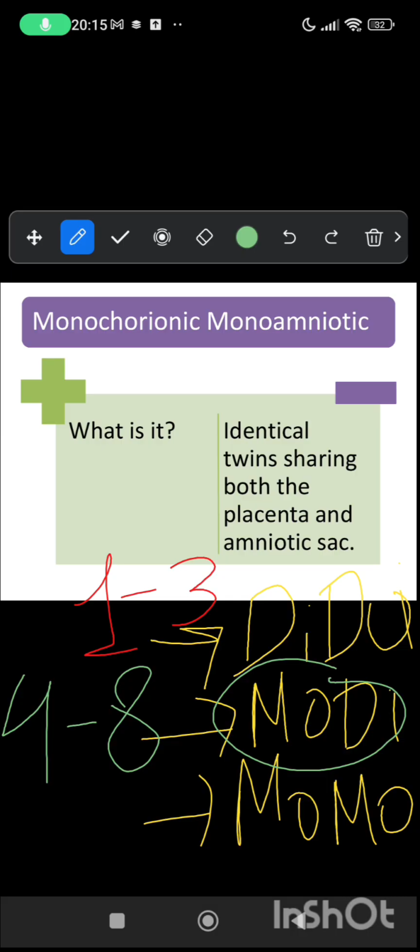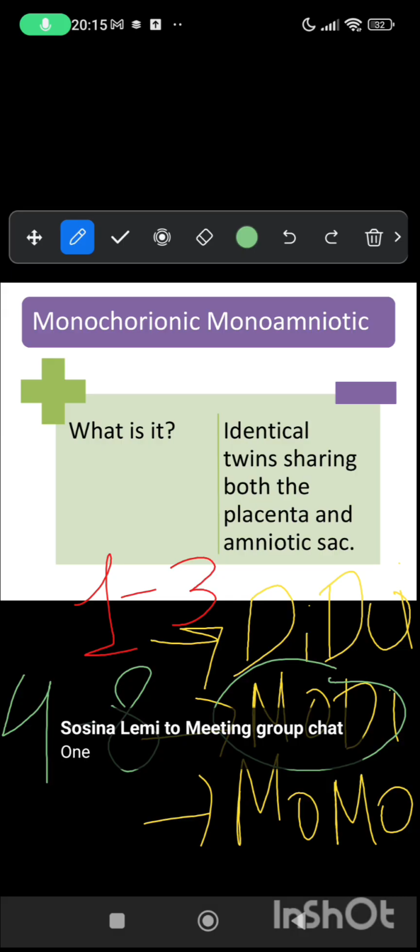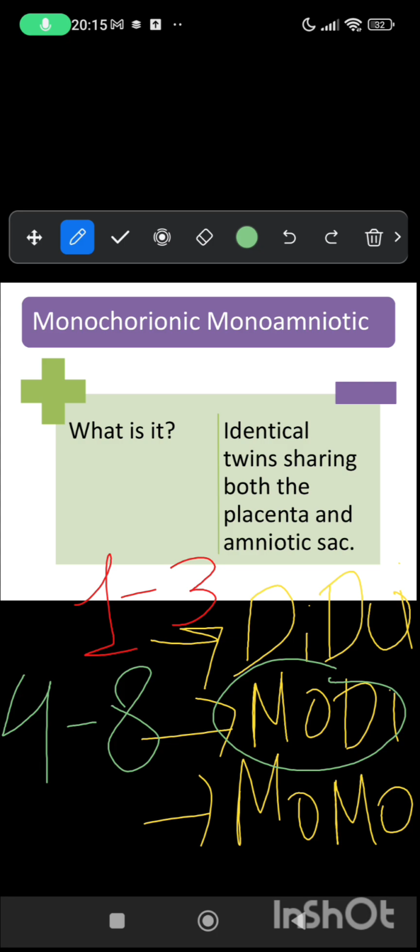Yes, there is one placenta. So monochorionic means one gestational sac and one placenta. But diamniotic, so they have one kitchen because their placenta is shared. So they become more risky because they share the same blood supply.